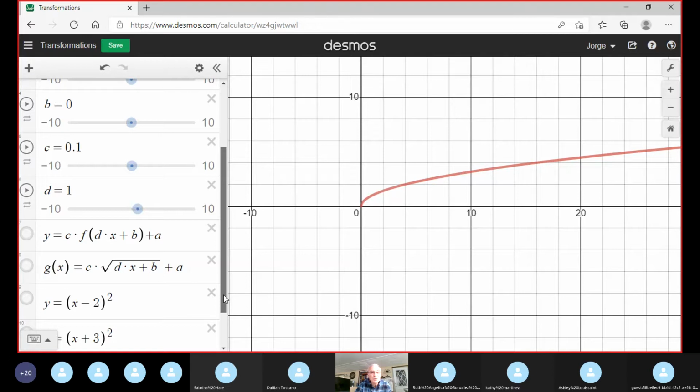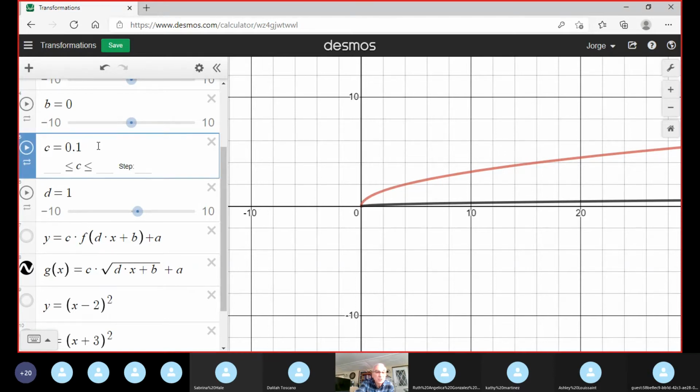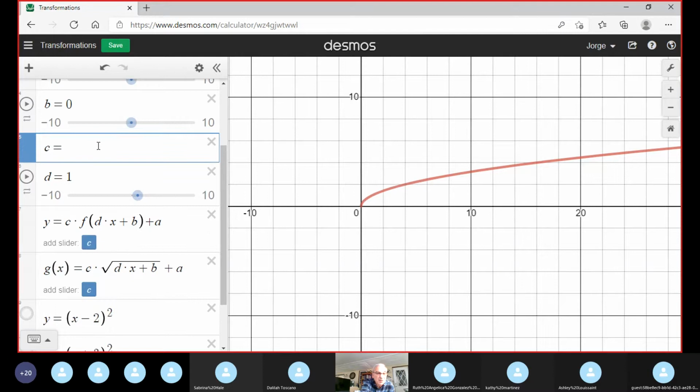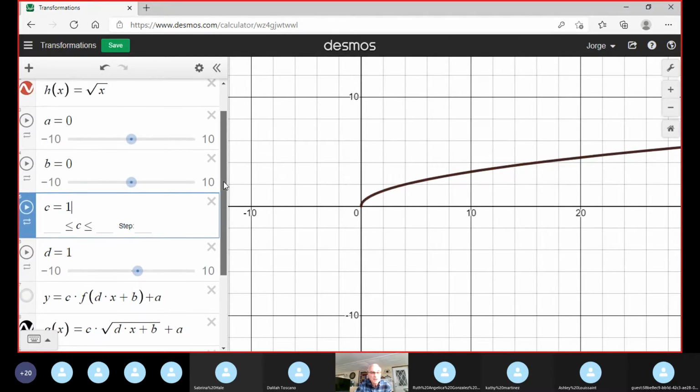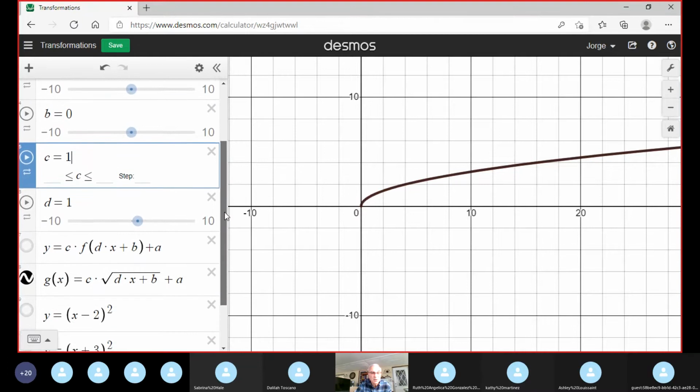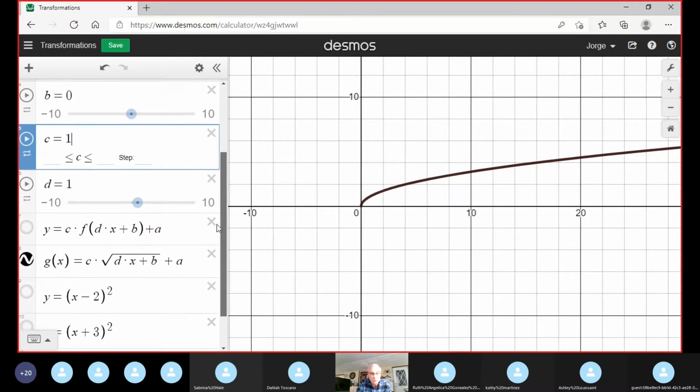So let's do the modification D. I want to study here what's going on because I changed D. Let me put D as 1 so it doesn't affect. This is 1, 1, 1. No transformation. So no transformation is A0, B0, C1, D1. This is the original function, right?